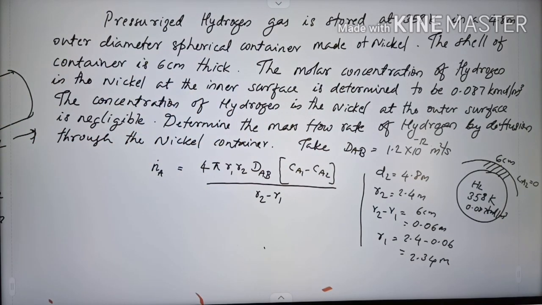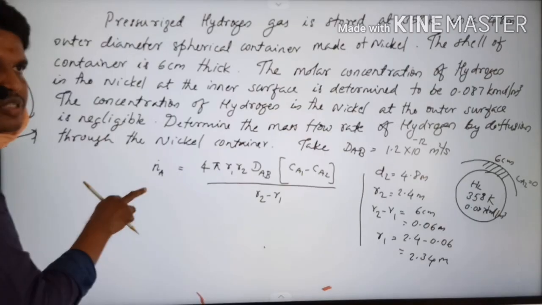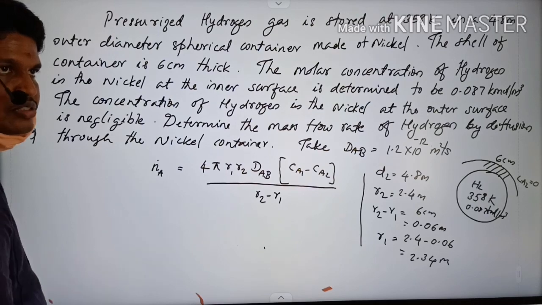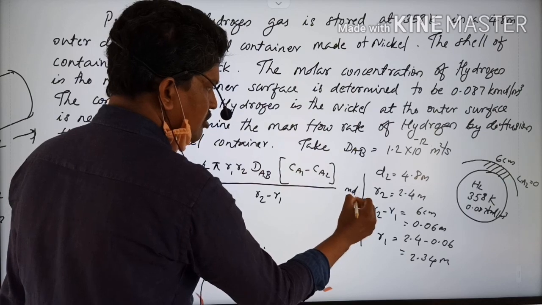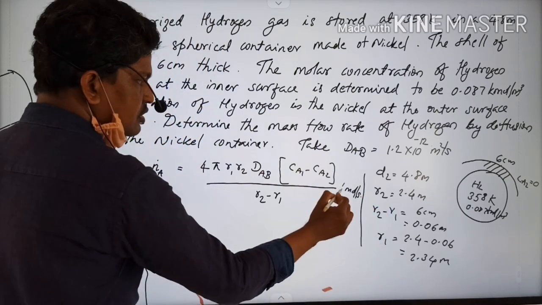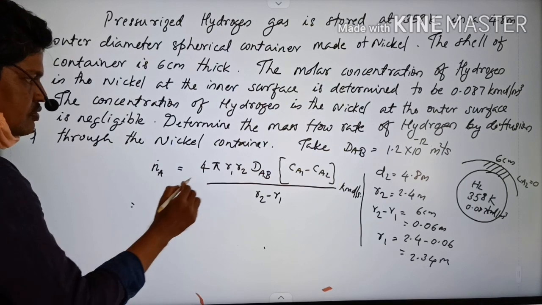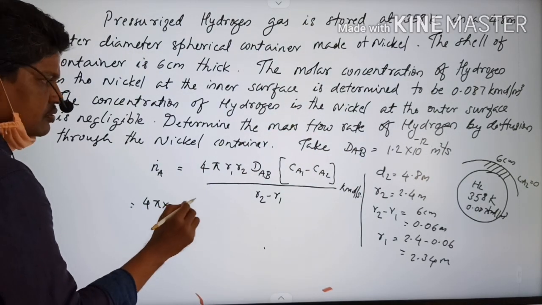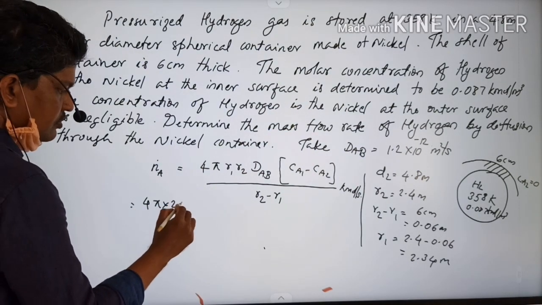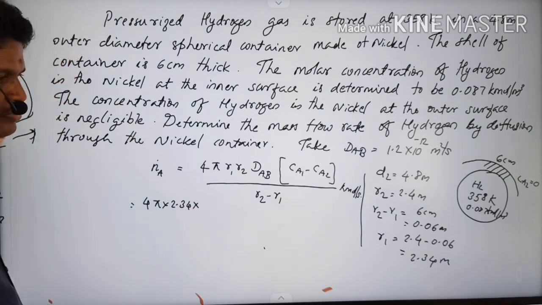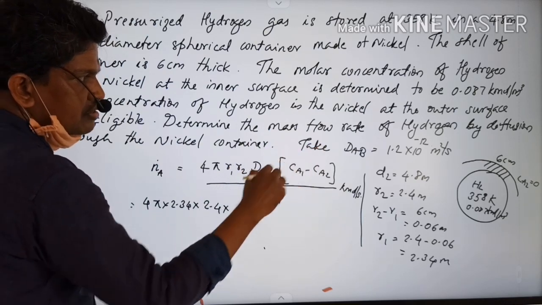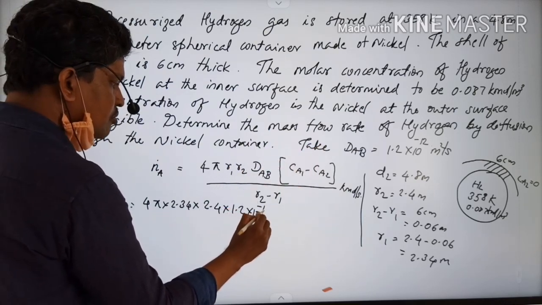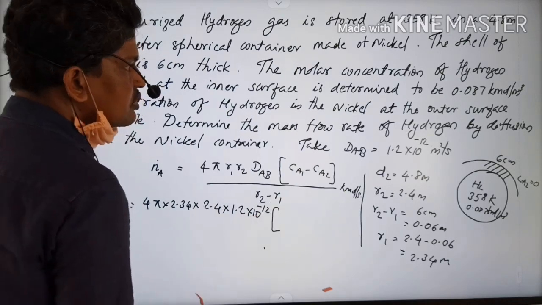So you can find out Na, the diffusion rate on mole basis. You will get the answer in kilomole per second. So Na is equal to 4 pi into R1 is 2.34 into 2.4 into DAB is 1.2 into 10 raised to minus 12 into CA1.